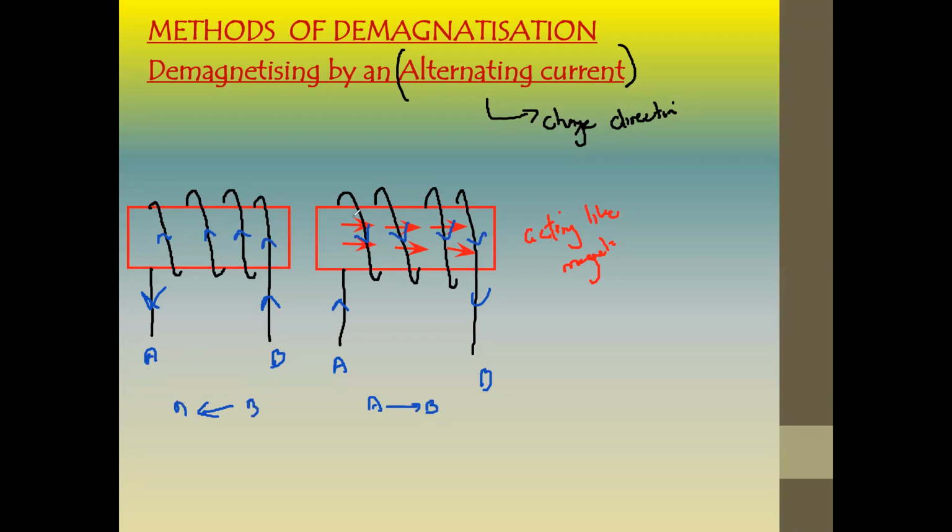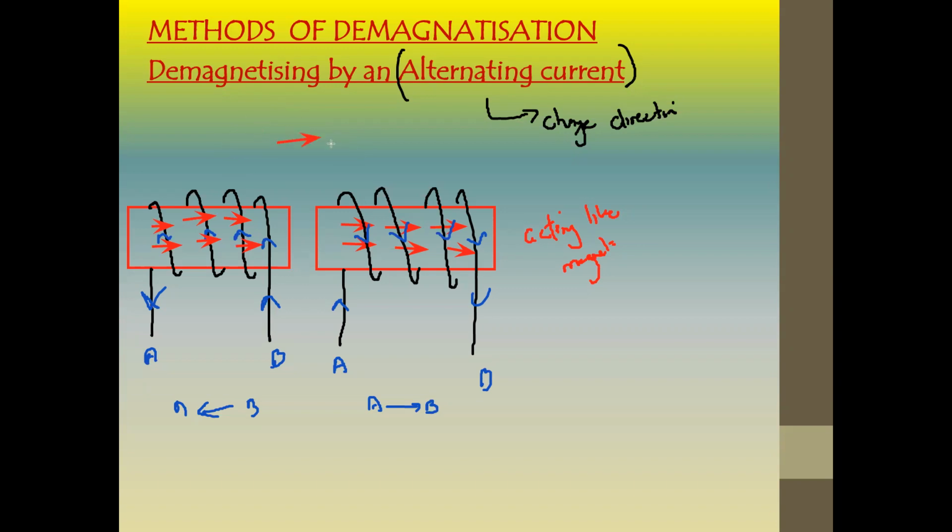So as a result, what happened? The red lines are representing, for example, the domains inside. So these are the domains inside. Because the direction of the current is continuously changing, that affects the domains, because the current produces a magnetic field. So first, for example, domains are like this. When the direction of current changes, the domains change and vibrate, because continuously the direction of the current is changing.